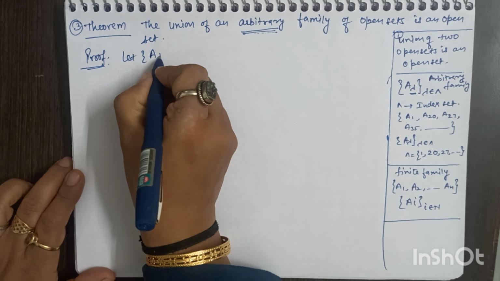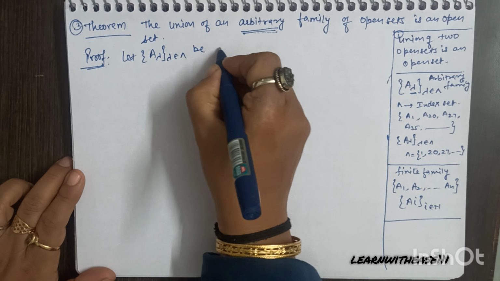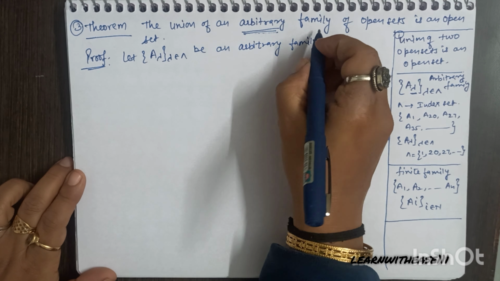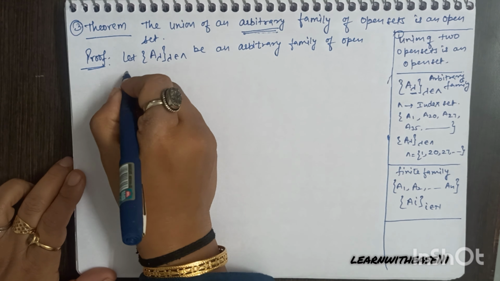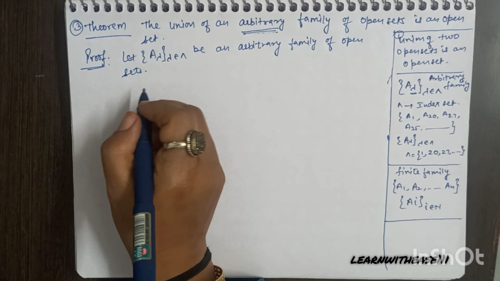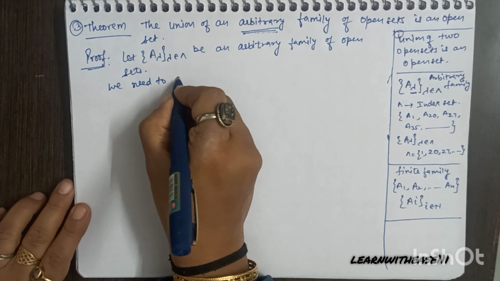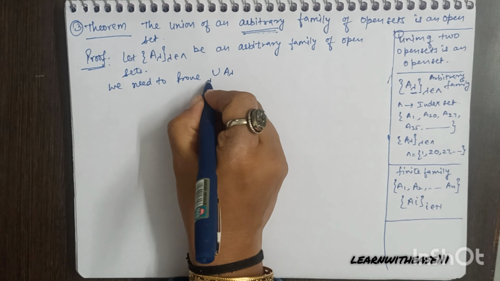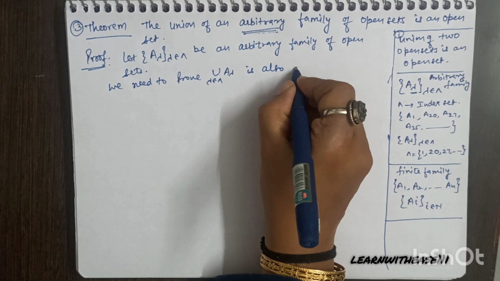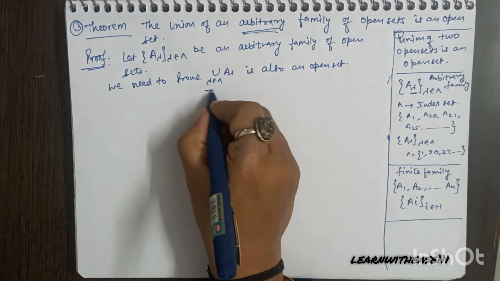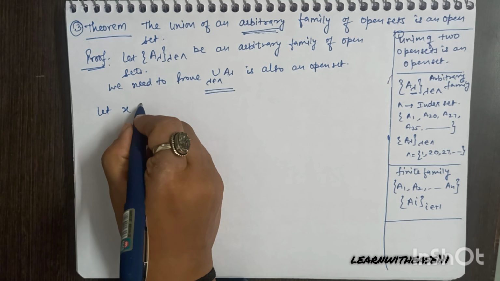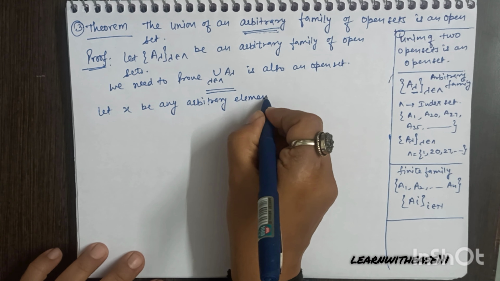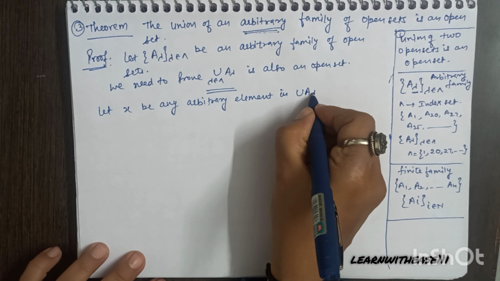Let A lambda, lambda belongs to index set, be an arbitrary family of open sets. And we need to prove the union of this collection is also an open set. Union of A lambda, lambda belongs to index set, is also an open set. So likewise we'll take an arbitrary element. Let X be any arbitrary element in the union collection.